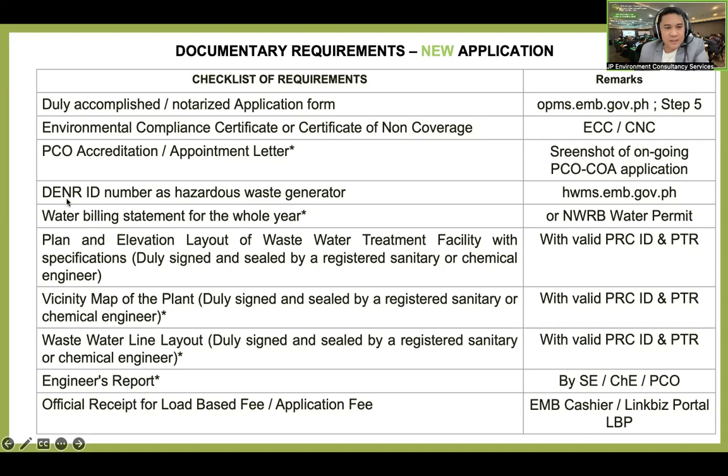Another requirement is the DENR ID number as a hazardous waste generator, the water billing statement, and the drawing plans and layouts signed and sealed by a sanitary engineer. So the plan and elevation layout, vicinity map, and the wastewater line layout. We shall also submit the engineer's report and the official receipt for load-based fee and application fee.